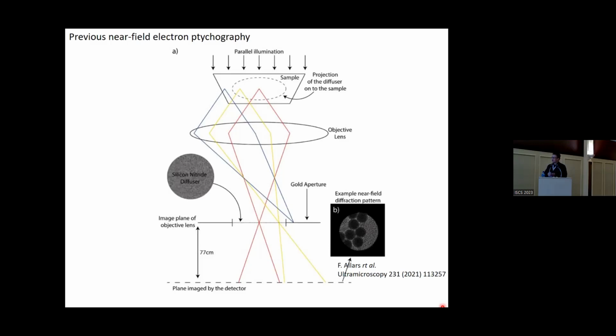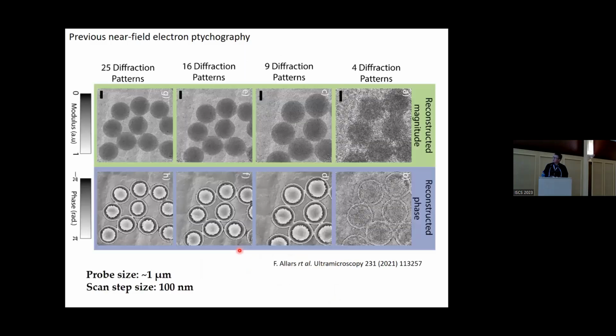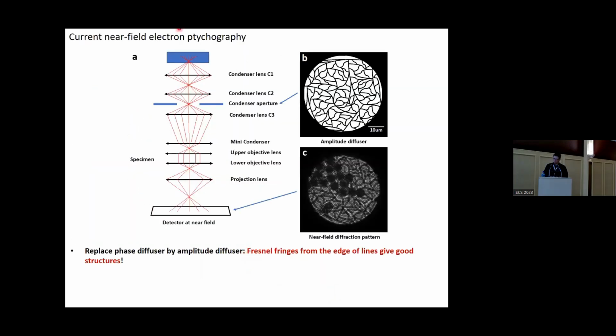In other words, however large we design the phase diffuser, the illumination size will always be the same. But if we move the diffuser up to the condenser lens aperture, then we can still change the strength of the condenser lens and also the objective lens to have variable illumination size.